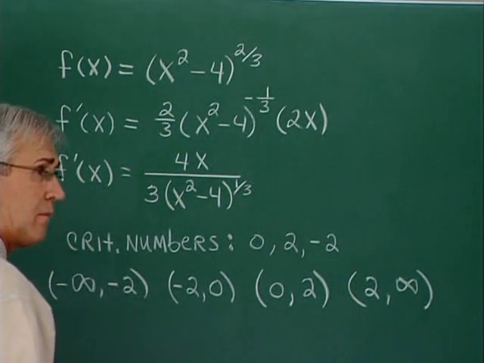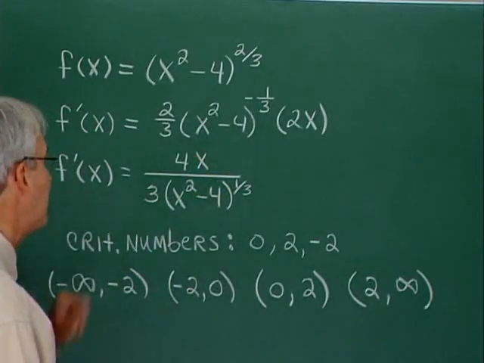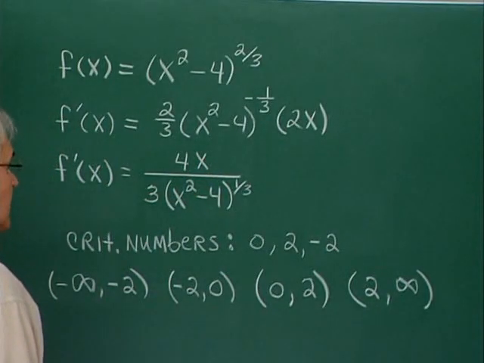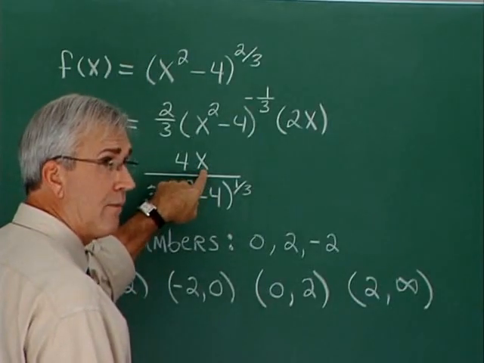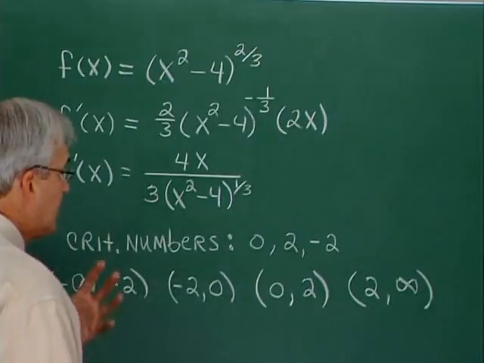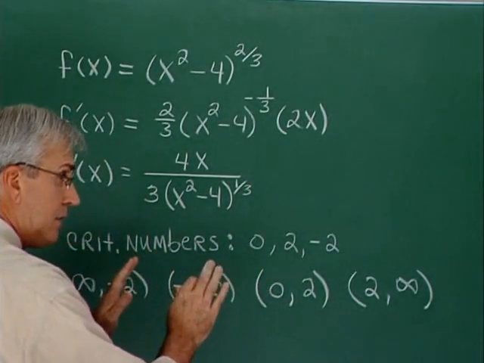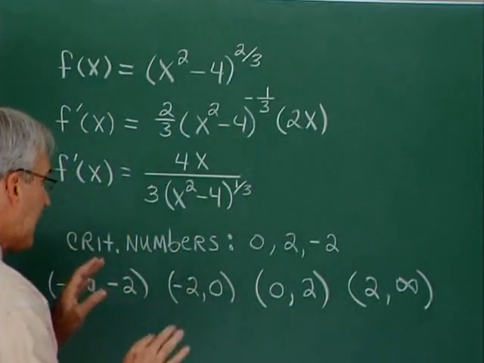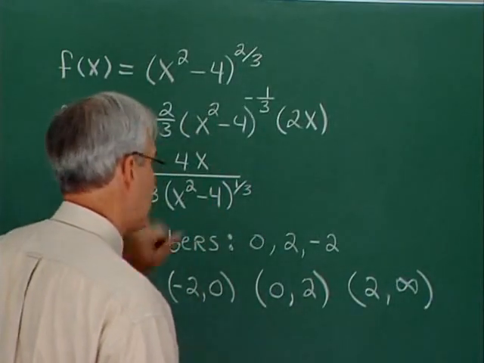Now, the critical numbers are the zeros or undefined values involved in this expression. The numerator becomes 0 when x itself is 0, so x equals 0 is a critical number. For the denominator, it can't become 0. We disallow denominators being 0 because that makes the fraction undefined.